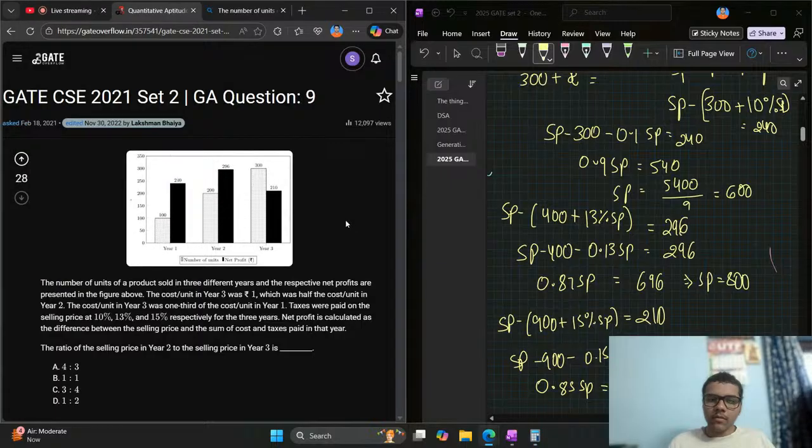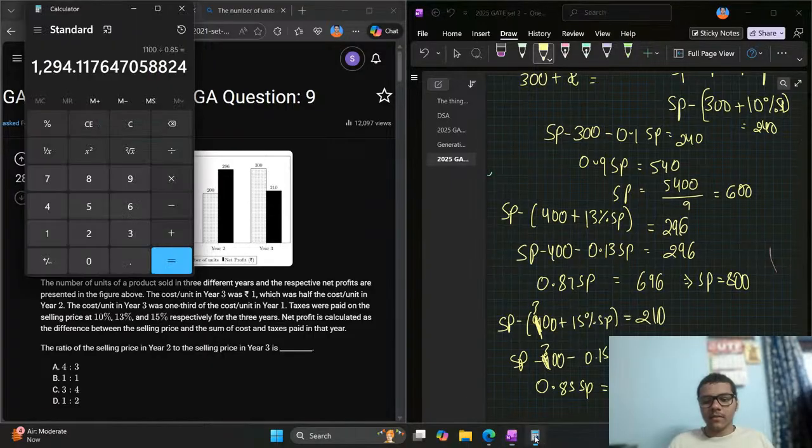Okay, what is the cost of manufacturing? That is 1 rupee in year 3. So that will be 300. 510 by 0.85, that is 600.